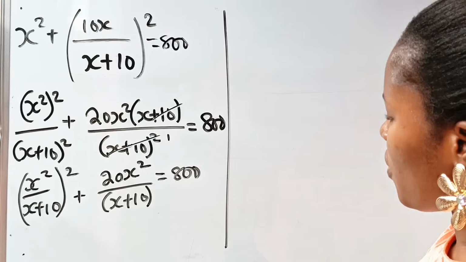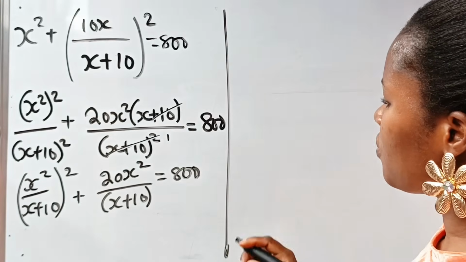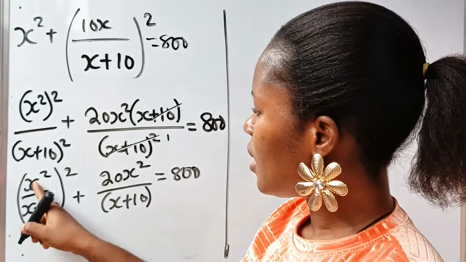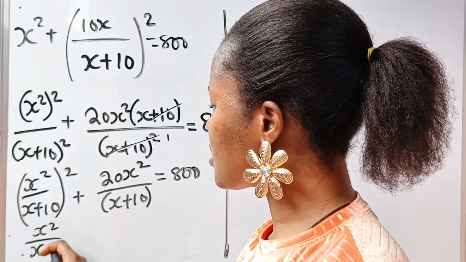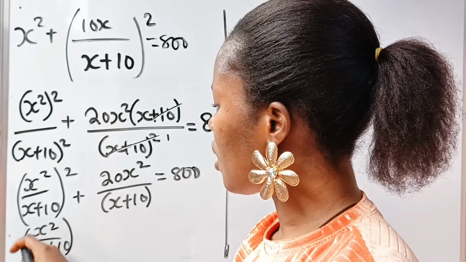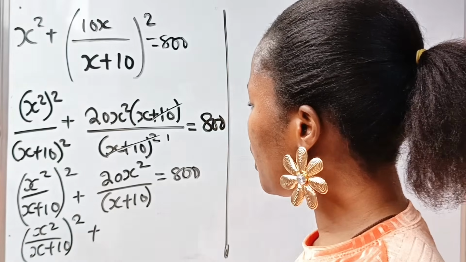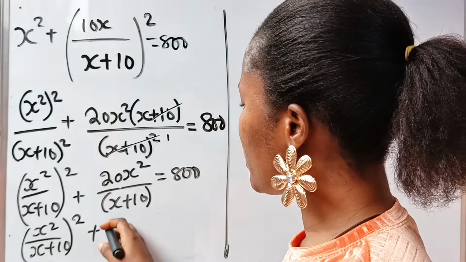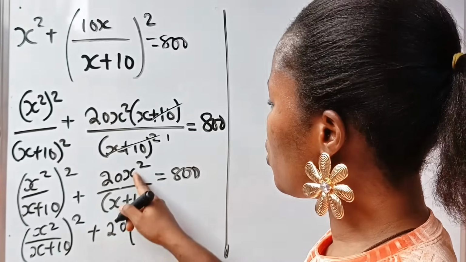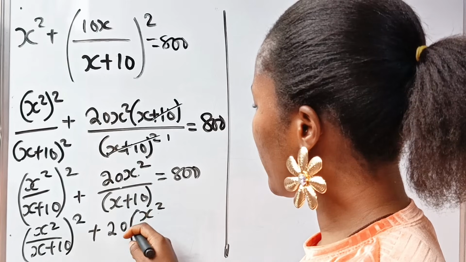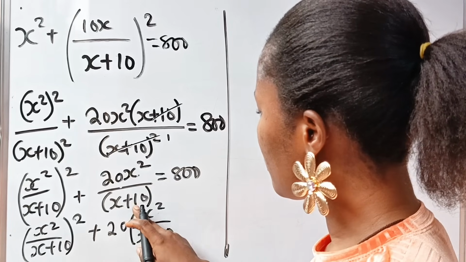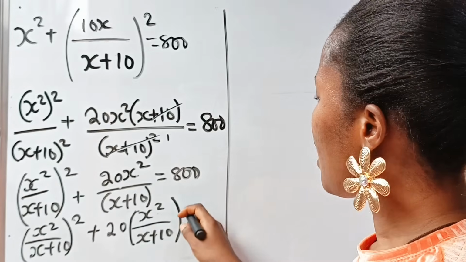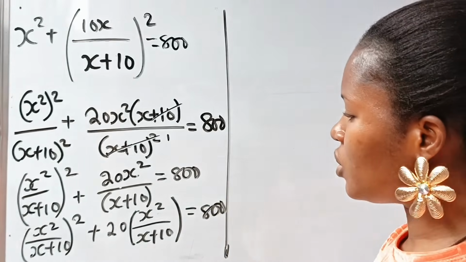Now if we solve further, we will have that this is x squared divided by x plus 10 all squared plus, we can bring out 20 and use it to multiply x squared divided by x plus 10, and this is equal to 800.